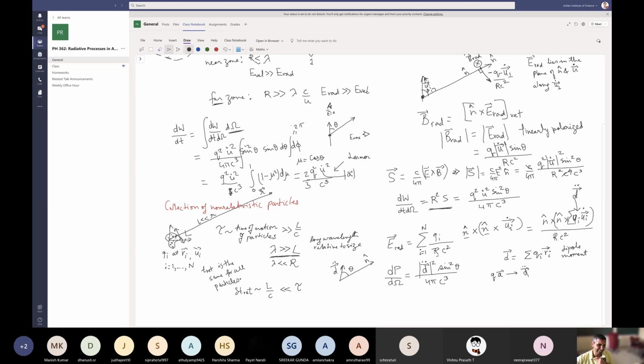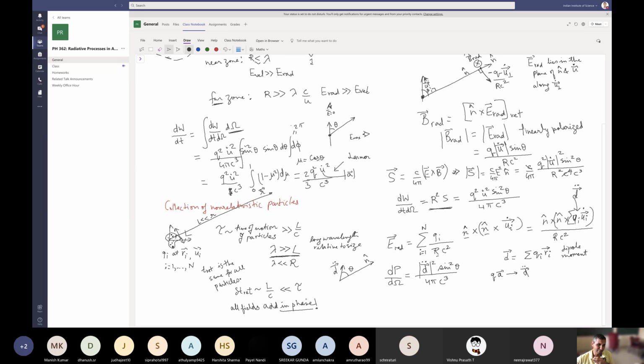So basically what we are saying is that the fields due to all these points add in phase, because we are not considering interference-type effects. In principle, if the phase difference between this point and this point is lambda by 2, they can destructively interfere.